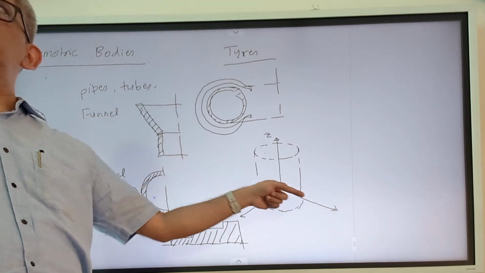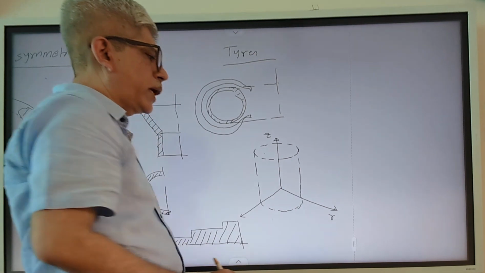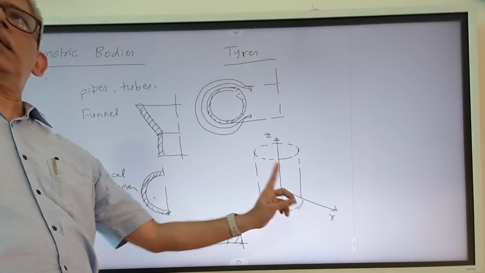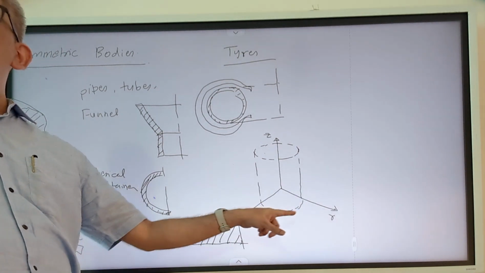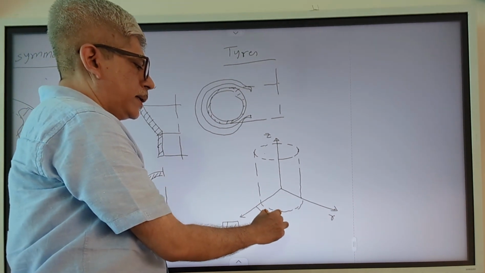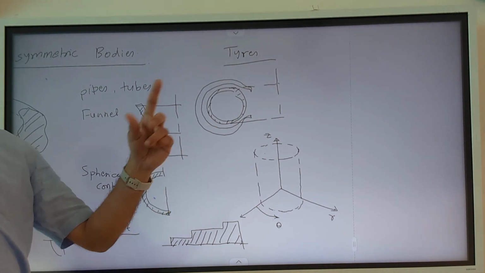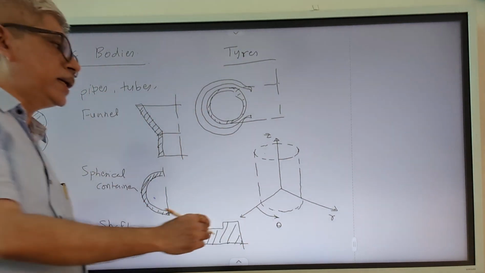The axis in the radial direction is termed the radial axis. Note that this r could be anywhere through 360 degrees around the z-axis, and the one along the circumference is called the theta coordinate. So coordinates of a point, instead of x, y, z, will be r, theta, z.